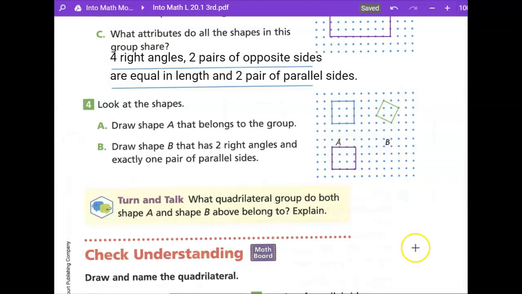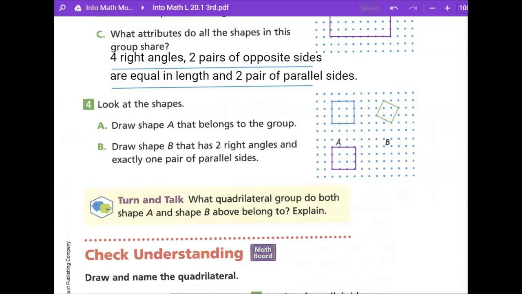And it says draw shape B that has 2 right angles and exactly 1 pair of parallel sides. So it's going to look a little different. 2 right angles, 1 pair of parallel sides. So draw your right angles. We're going to cut one off. Are we going to cut a corner?